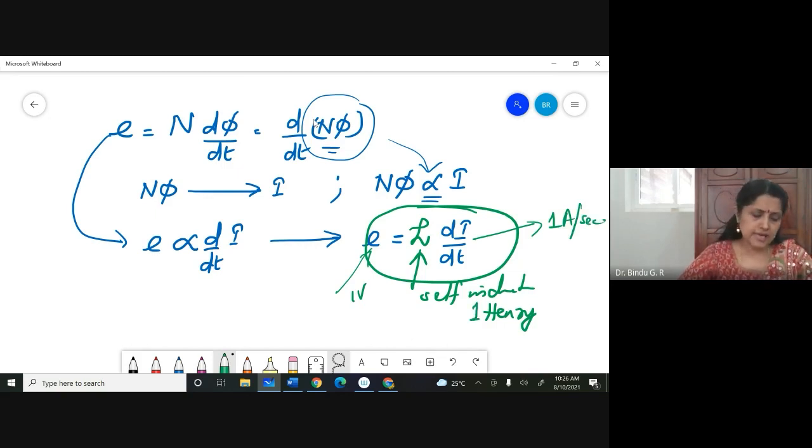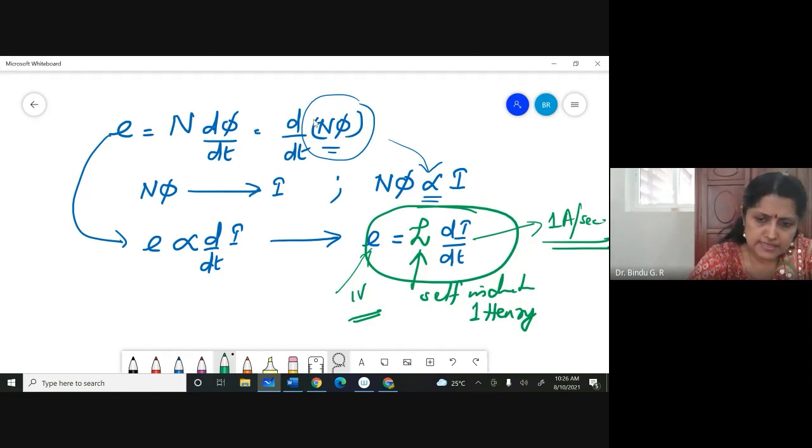Or I can say that a coil has an inductance of 1 Henry if an EMF of 1 volt is induced in it when the current through it changes at the rate of 1 ampere per second. So that is our first expression: E is equal to L di by dt.